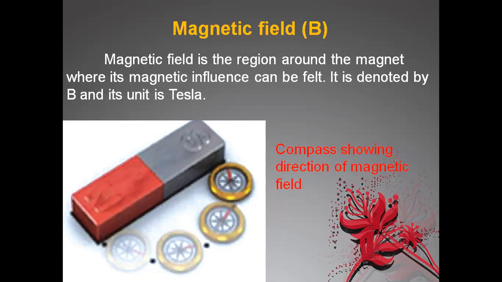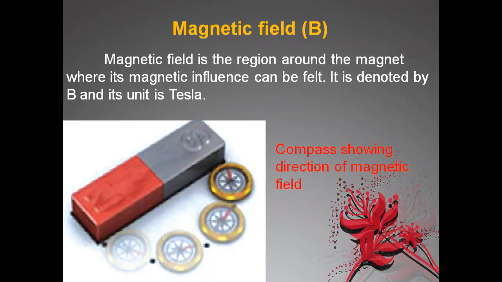Natural magnets can't be destroyed; the magnetic property in natural magnets is permanent. The strongest natural magnet is lodestone, or magnetite.